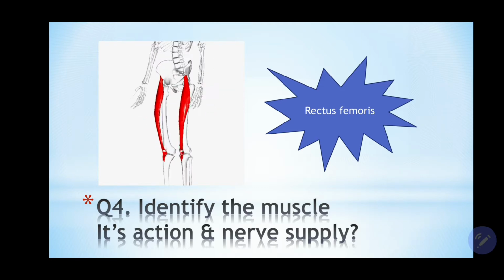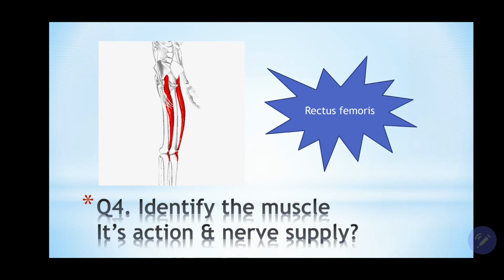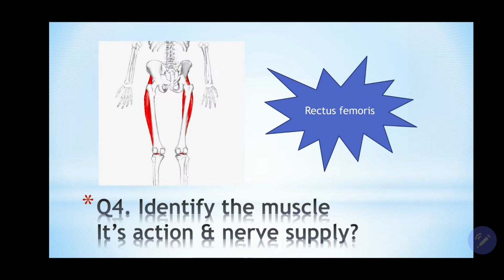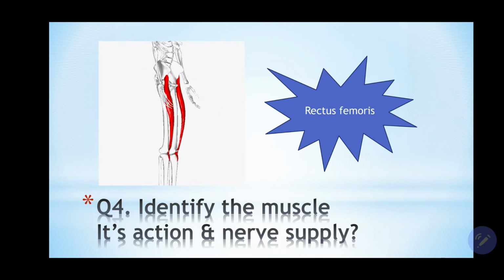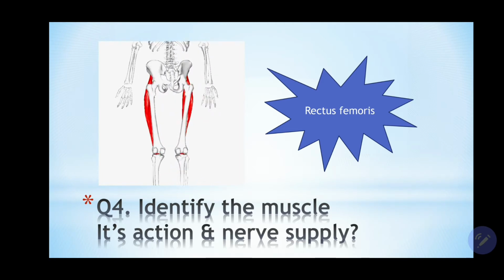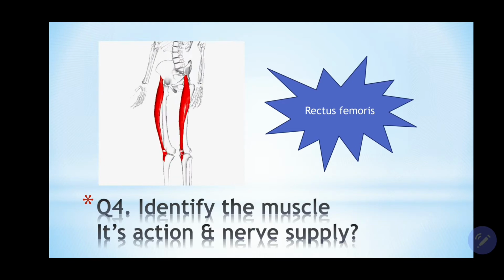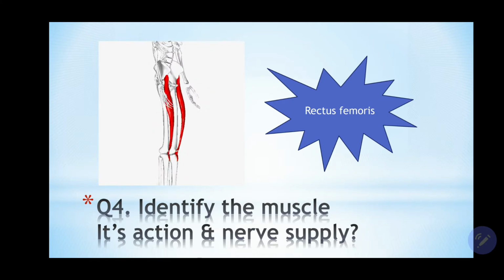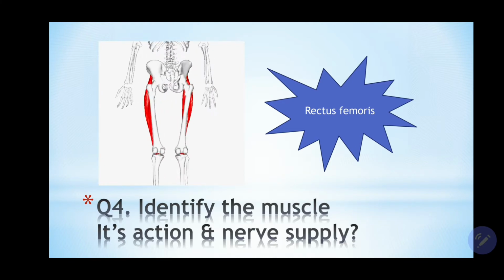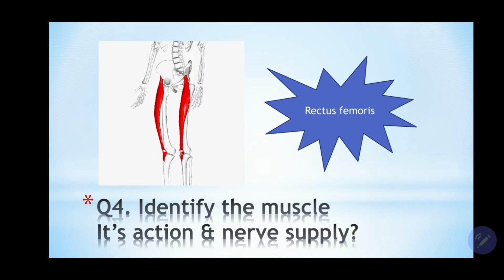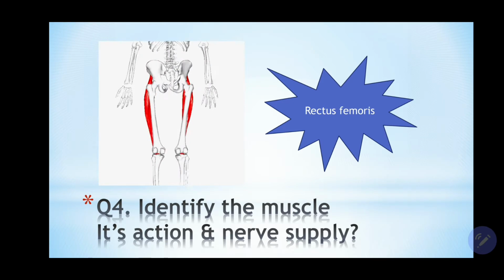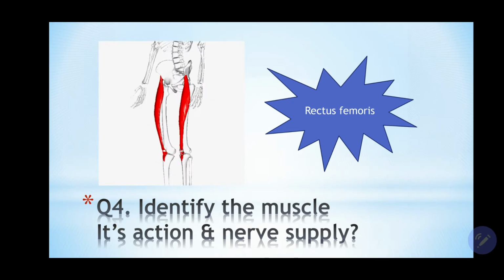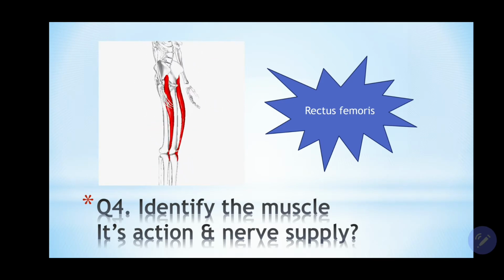Of course the prime action of quadriceps femoris is extension of the knee joint. They are powerful extensors, and that's why they are also anti-gravity muscles. But among the four muscles in the quadriceps, only this is the muscle which also acts upon the hip joint, causing flexion of the hip joint, because it's taking origin from above the hip joint.